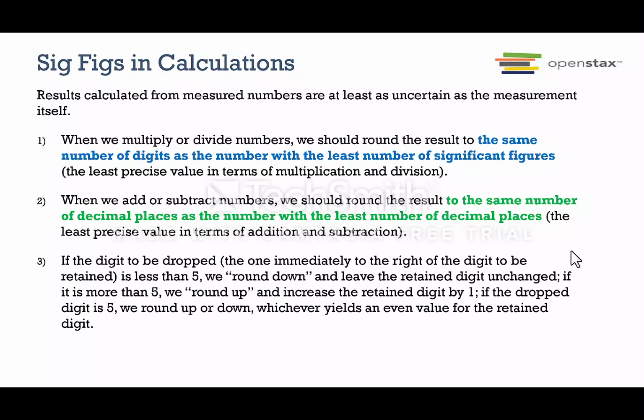If the very next one is under 5, then you just keep the number the same and you simply drop the other numbers. I'm not really going to split hairs over rounding, and I think your active chemistry does a pretty good job of assuming rounding up or down. So that's the rounding rules if you really want to know them.